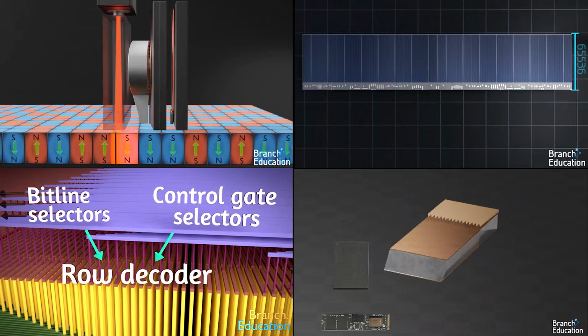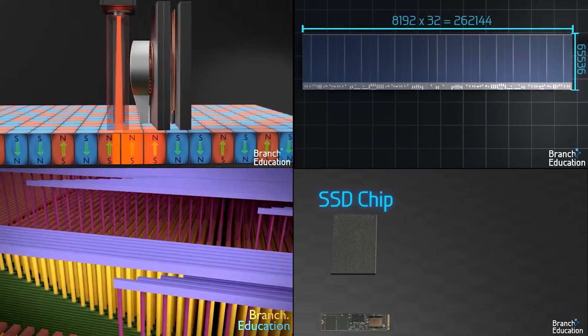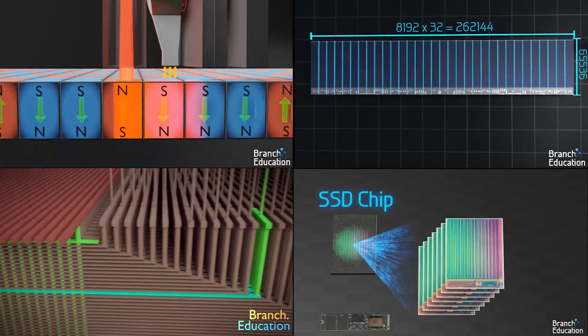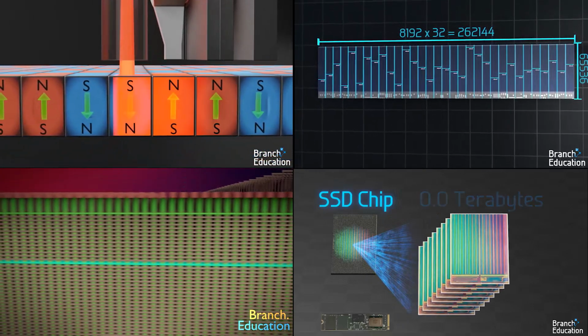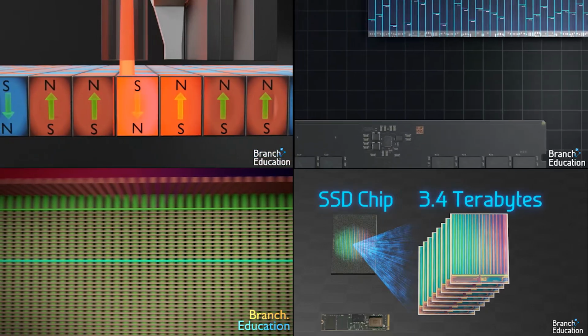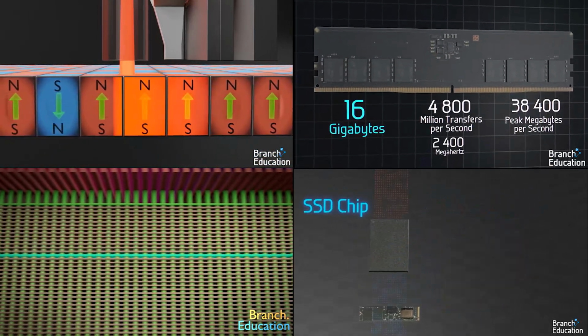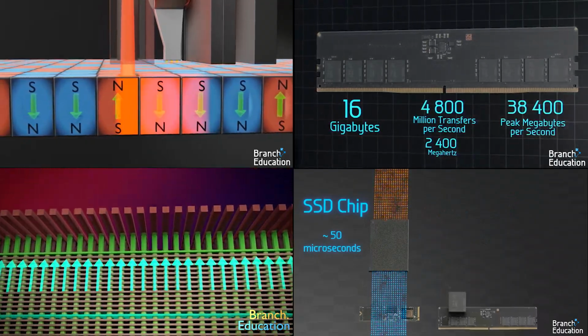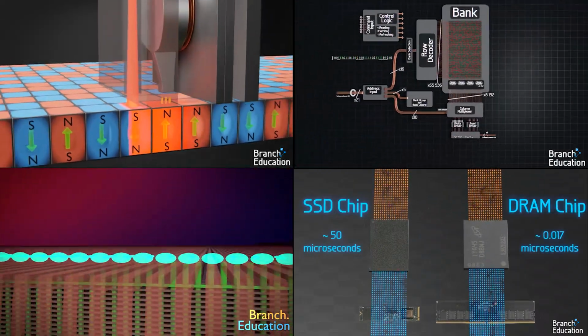Additionally, within a single SSD chip such as this one, are multiple 3D NAND arrays stacked one on top of the other. As a result, a single microchip can store terabytes of data. However, reading or writing data takes 50 or so microseconds, which is 3,000 times slower than DRAM.